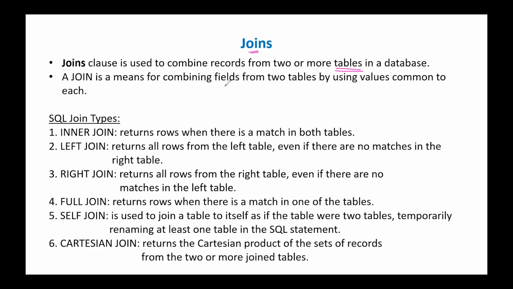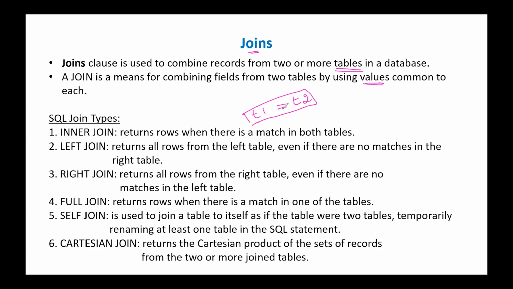A join means combining fields from two tables by using the values common to each. So what we are going to use are comparison operators. For example, equal to: if tuples of table 1 and tuples of table 2 are matching, then I'm going to join them and display that particular tuple. That is what join means.